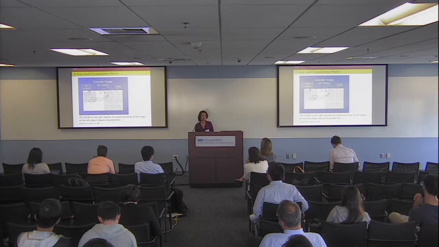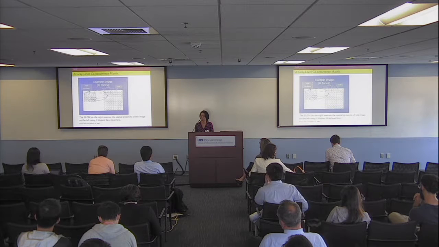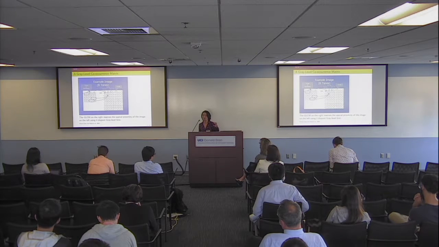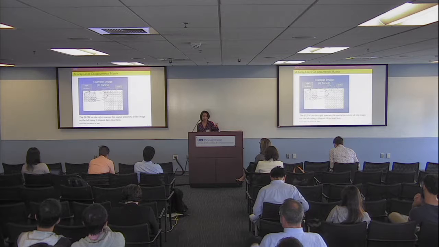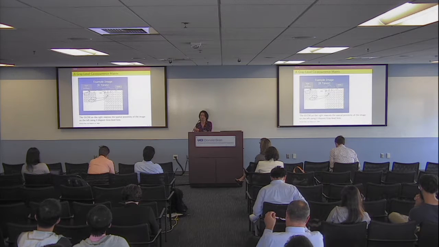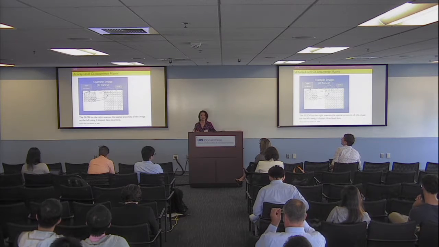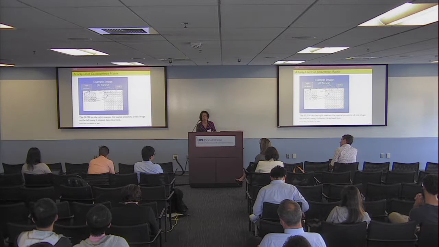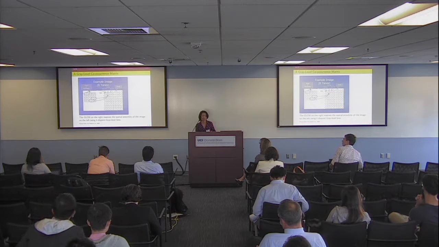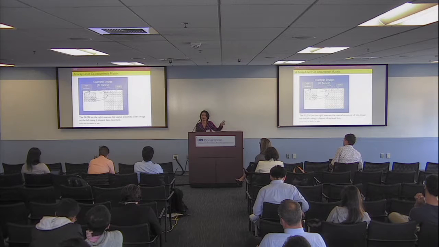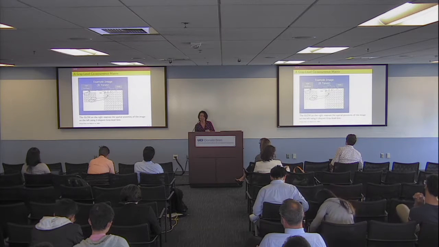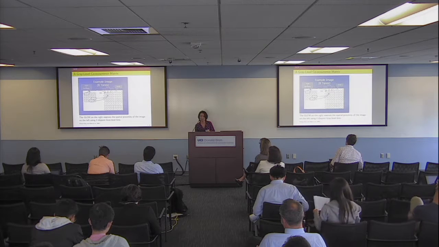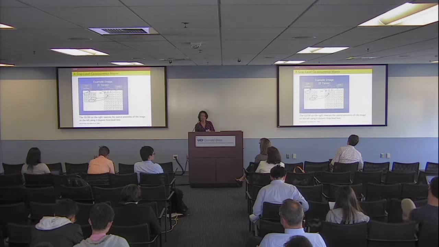Among the very rich pool of radiomics features, I'm interested in one particular feature called GLCM, the gray level co-occurrence matrix. This is a toy example to show you what GLCM is doing. On the left side, you have a matrix, but this is not always a matrix. It can be a sub-region, it can have a very ugly shape. What we want to do is map it to the right side. The matrix on the right side is defined by the intensity values we see in the original image.